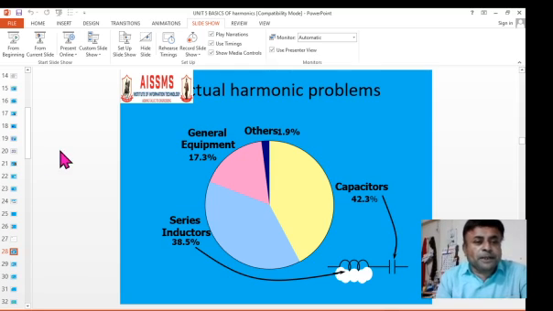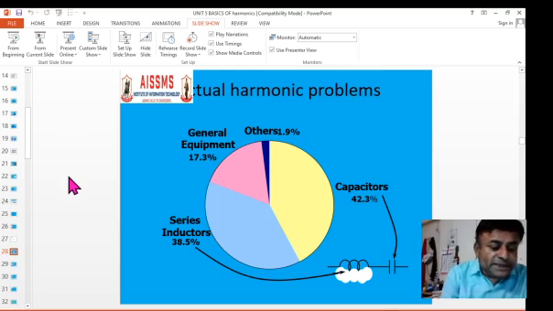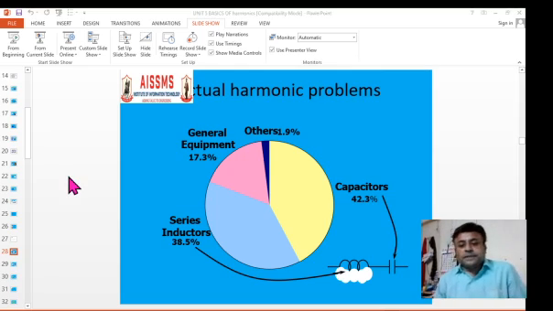Now we have seen the failure of capacitors. We provide capacitors for power factor improvement and for improving voltage profile, but because of high order harmonics there will be failure of capacitors.